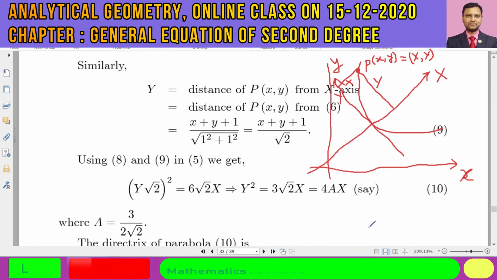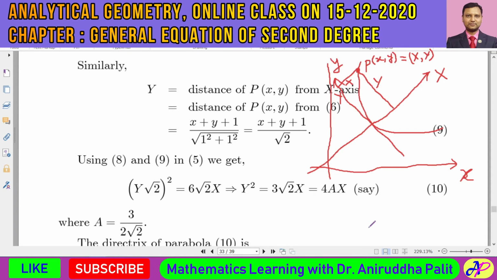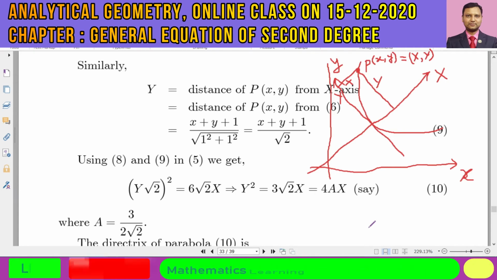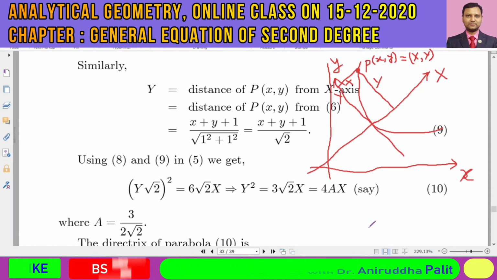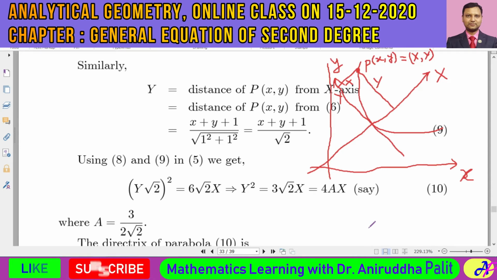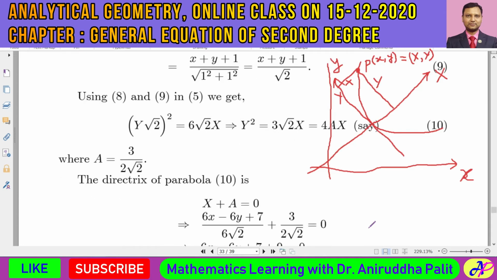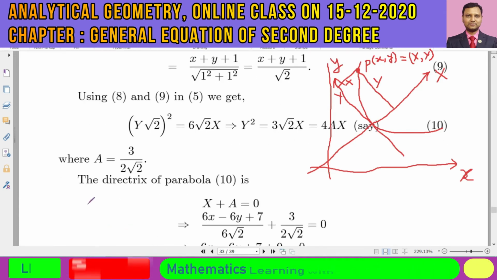So if the question is given in the fashion that you have to simply reduce this equation into the standard form, then this much you have to do. That's all. But as per the question in this particular question, you need to find out the directrix of the parabola. And what is the equation of directrix of a parabola?